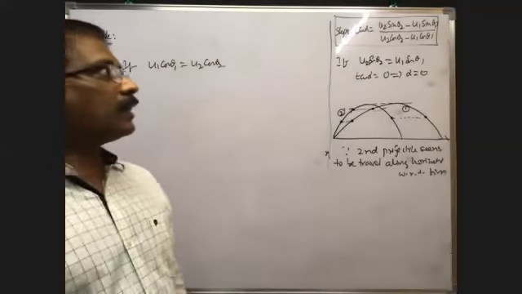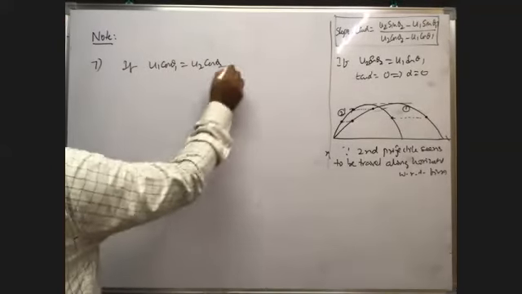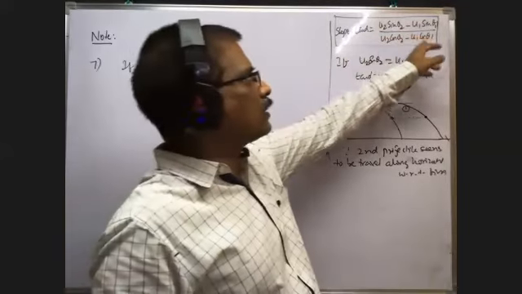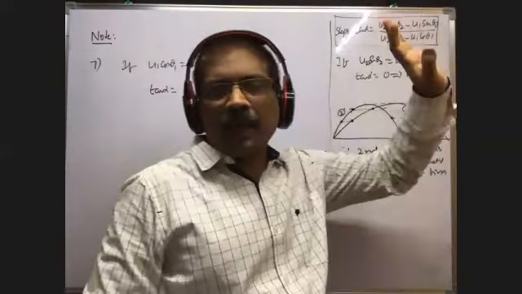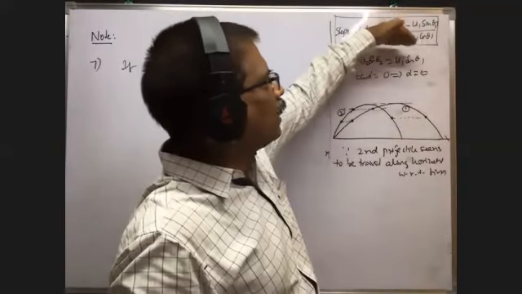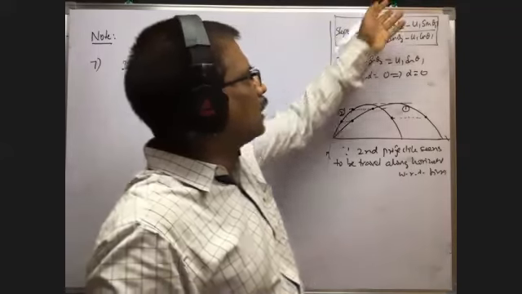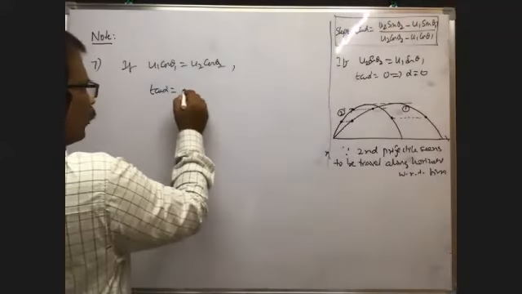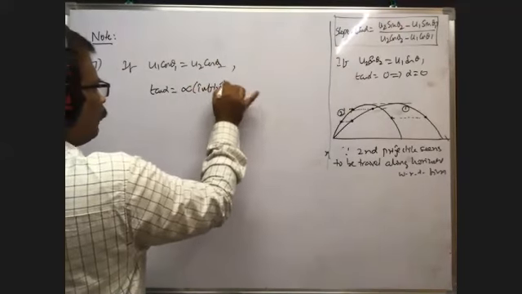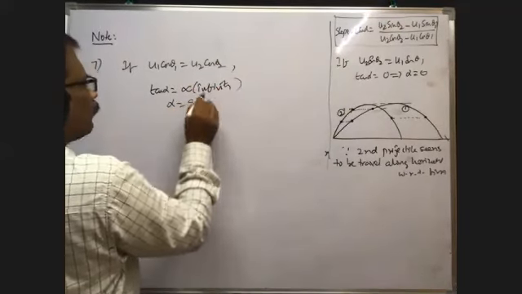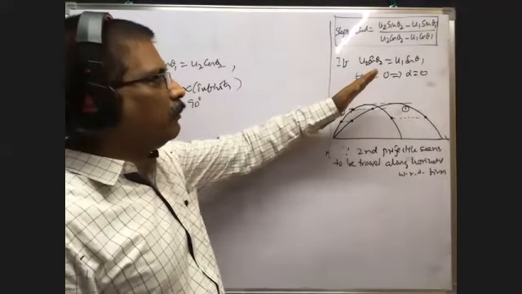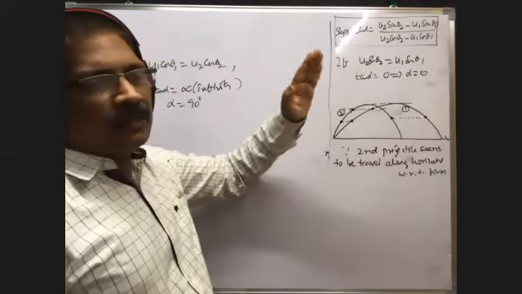What about tan alpha, if the horizontal components of velocities are equal, not vertical? Then these two cancel, so the denominator is 0. Something by 0 means infinity, no? So tan alpha is equal to infinity. When tan alpha is infinity, alpha is equal to 90 degrees. That means the line joining the two projectiles makes an angle of 90 degrees with the horizontal.